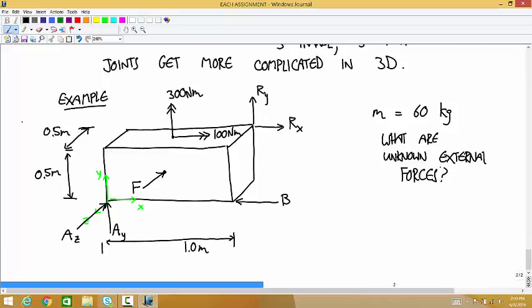What if that wasn't there and the only load was this 100 Newton meter load? What would that be doing? Yeah, it would be rotating like a barrel roll. And the last thing, how would you represent this couple vector?